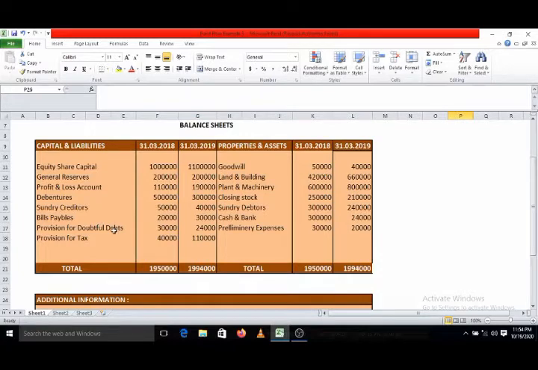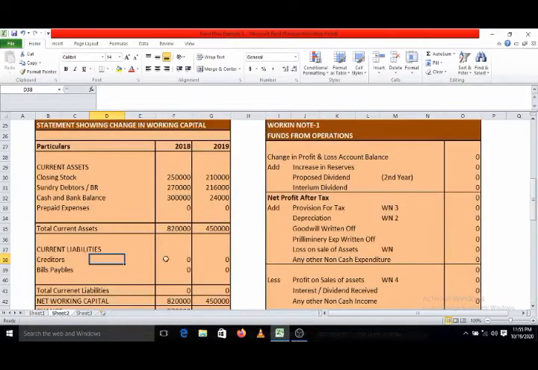Provision for doubtful debts we have adjusted in the debtors. For provision for tax, we are going to give separate treatment in the fund flow statement. So we only have to take sundry creditors and bills payables. Sundry creditors are 50,000 and bills payables 20,000 for the first year.